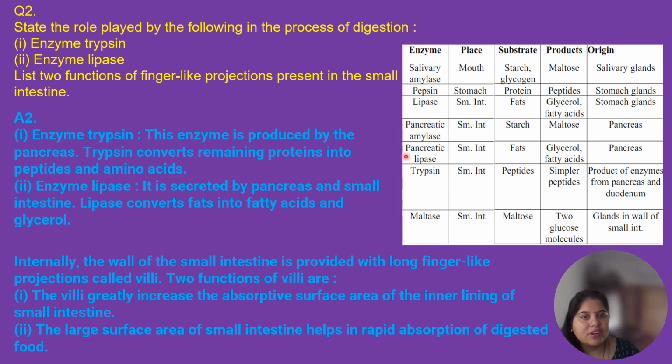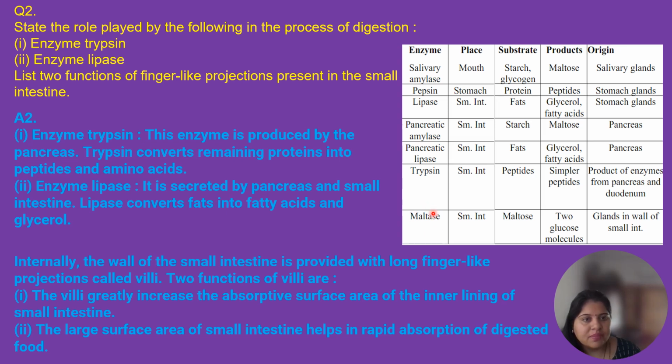Next enzyme is trypsin. This trypsin is secreted from the pancreas and duodenum. Duodenum is the starting part of the small intestine, and it converts peptides into simpler amino acids or simpler peptides. Next enzyme is maltase.